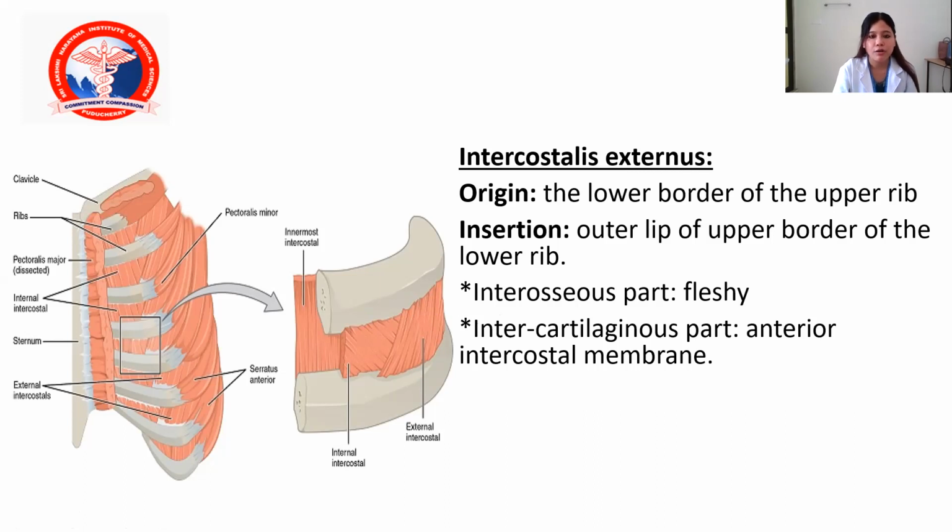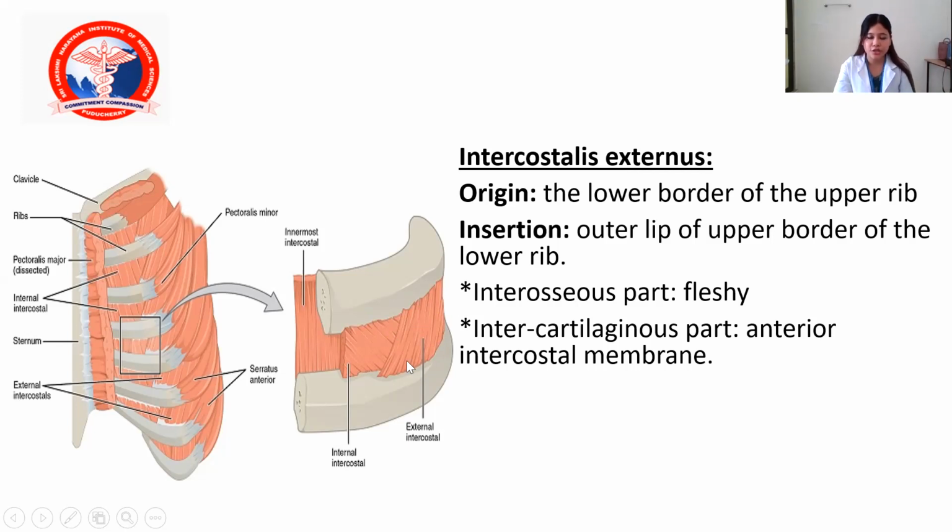The upper border has an outer lip, an intermediate area, and an inner lip.